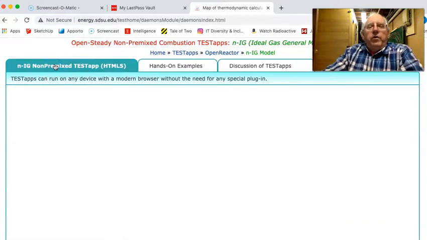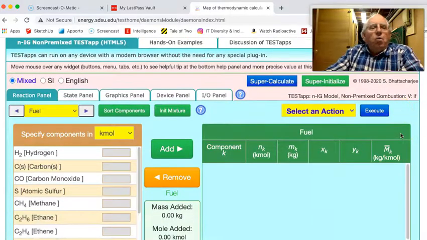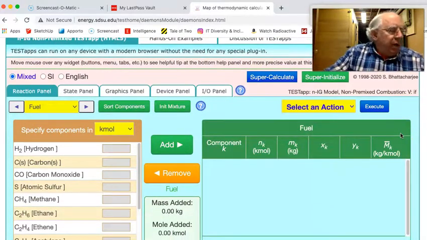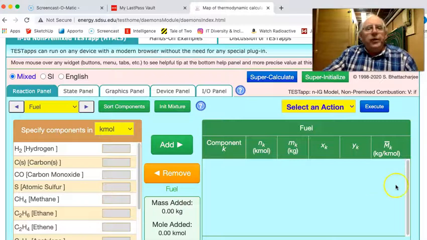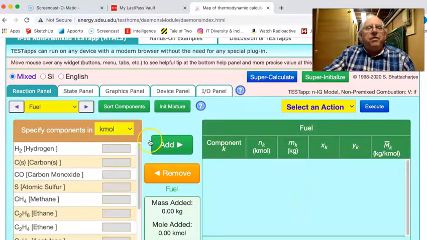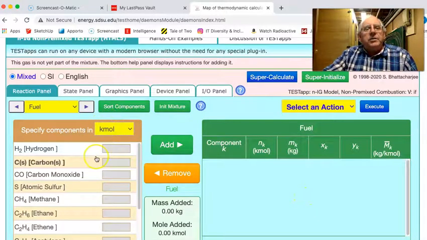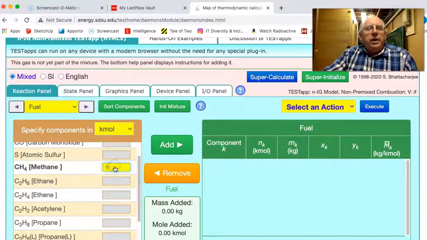And we are now ready to tell the system what is our fuel. And as we said before, since we were given a molar analysis, we were told that it was 75% on a mole basis of methane. I've got it set up as a molar for the fuel. And so methane I can put in here.